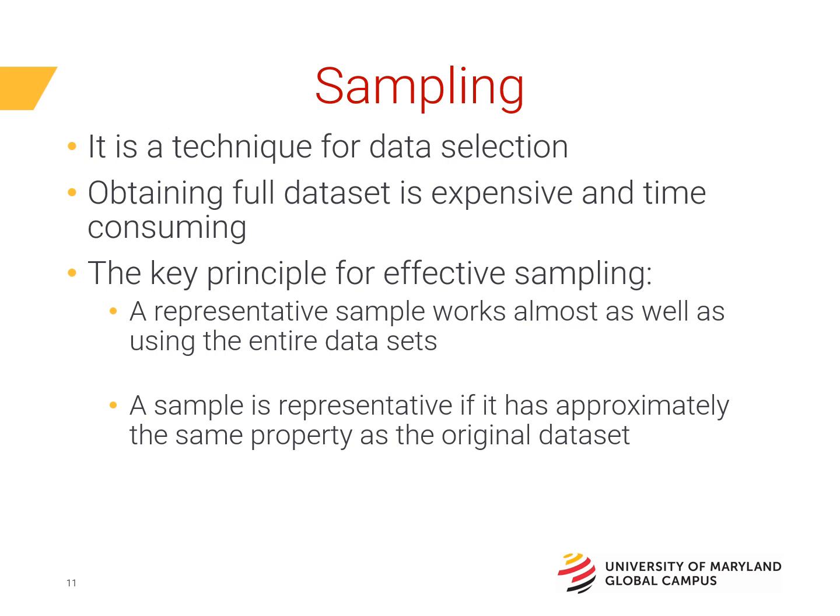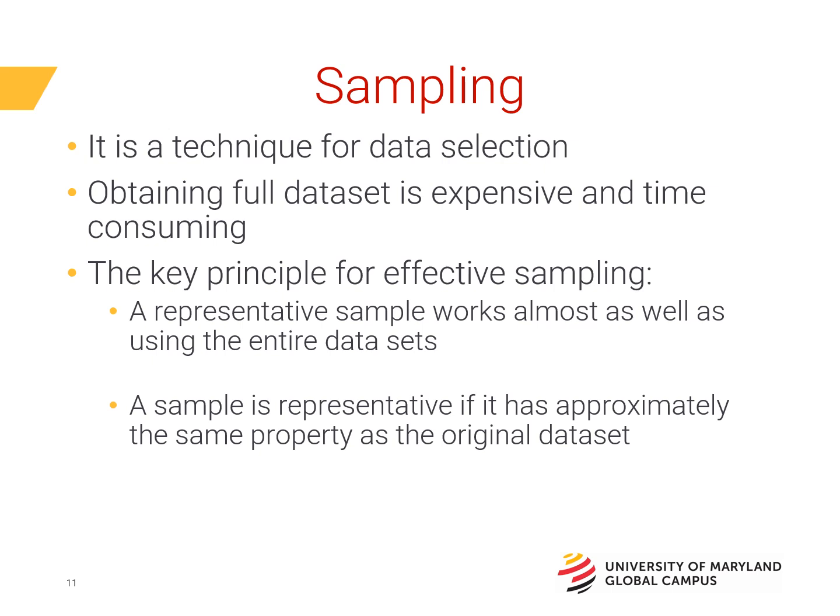Another one is a sample is representative if it has approximately the same property as the original data set. So yeah, it's just the same way of saying the first bullet, where it has to represent the domain. And that means both in terms of the way you perform the sampling as well as the number of samples that are included in the analysis.